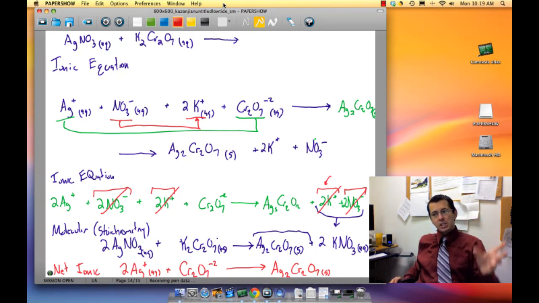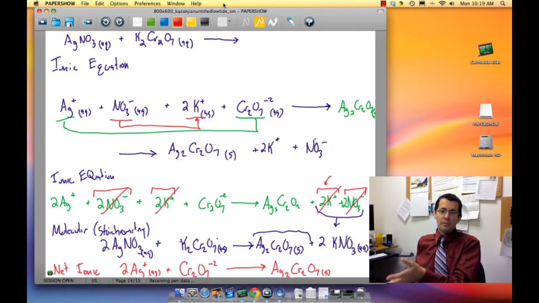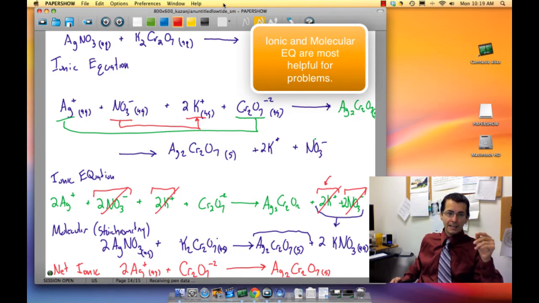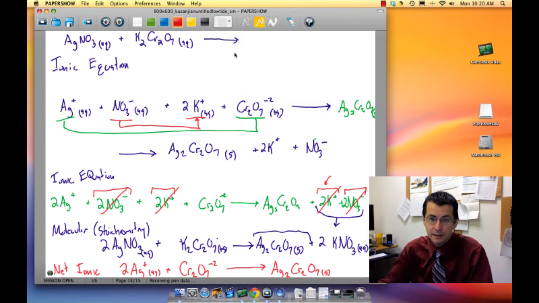Every time you have a silver ion and a chromate ion present in solution, they're going to make this silver chromate. So it doesn't matter what the source of the silver ion, doesn't matter what the source of the chromate. So these are predictive. We can use these ionic equations to predict whether or not something will happen. So you should be able to draw the ionic equation and the molecular equation from 2 predictive sets of compounds.